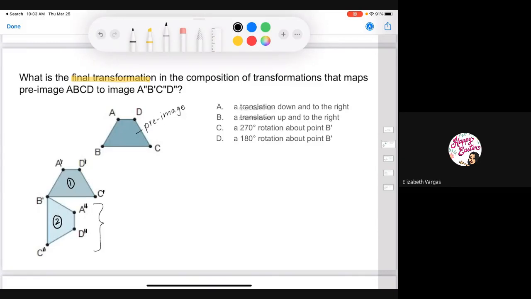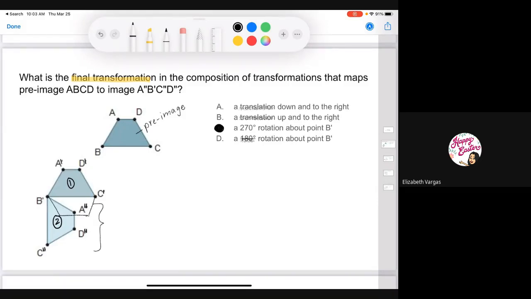Well, if we were to have a rotation of 180, this trapezoid would appear to be something like this, and that's not what we're getting, so we can do away with that. So we do know we have a rotation, and it's not 180 degrees, so that leaves us with a 270 degree rotation.